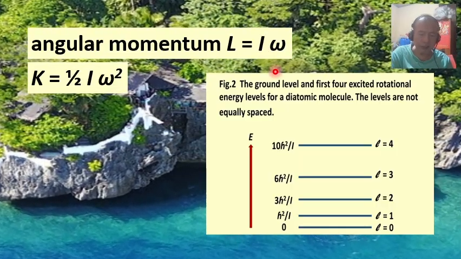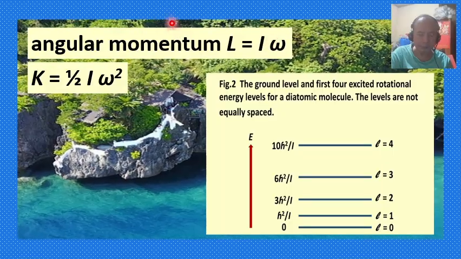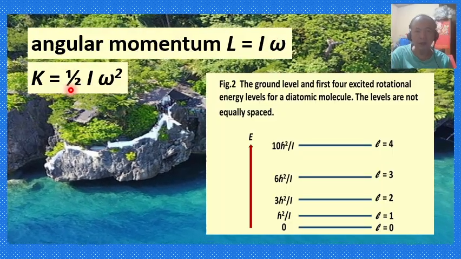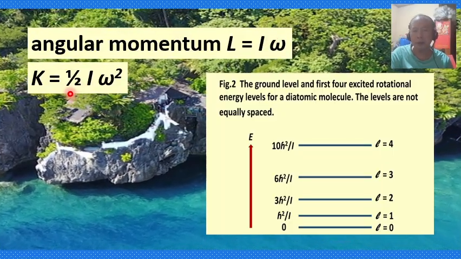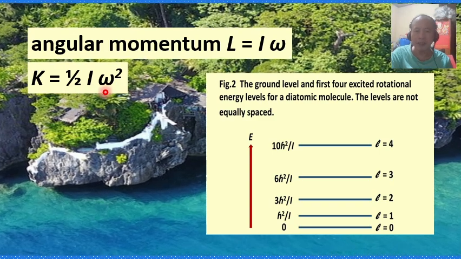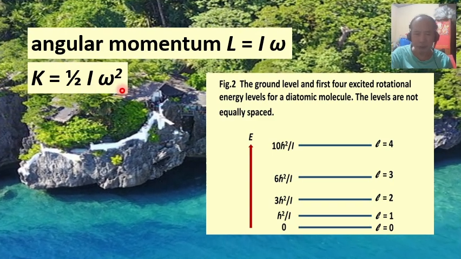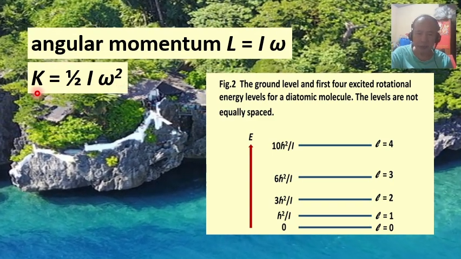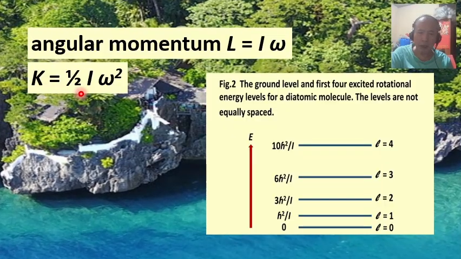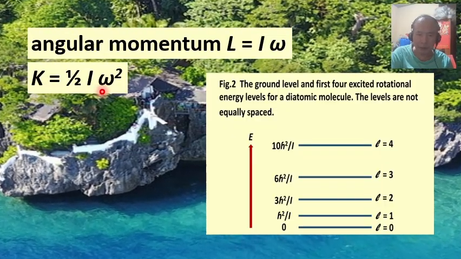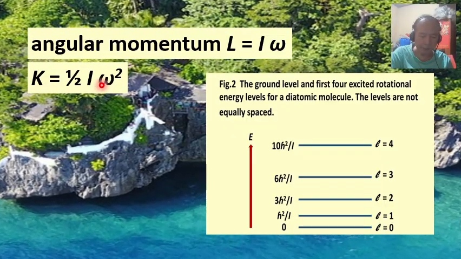Its kinetic energy is given as one half of the product of the moment of inertia and the square of the angular speed, or K equals one half I omega squared.